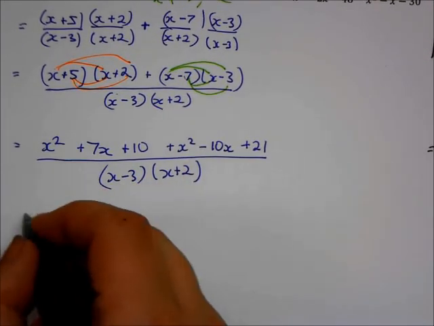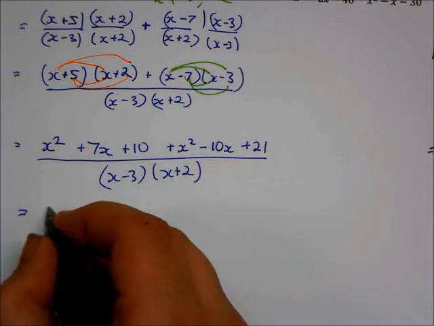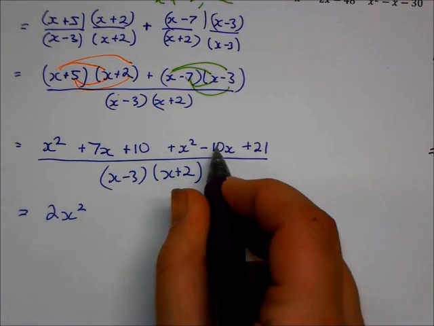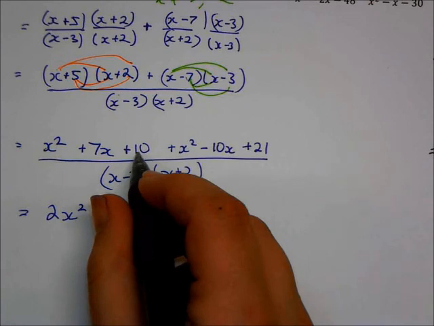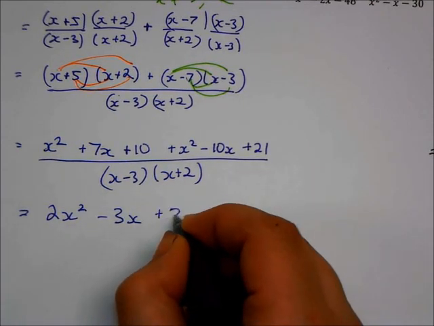Let's go back. x squared and x squared, 2x squared, negative 7 minus 10, negative 17x, and 10 plus 21, 31.